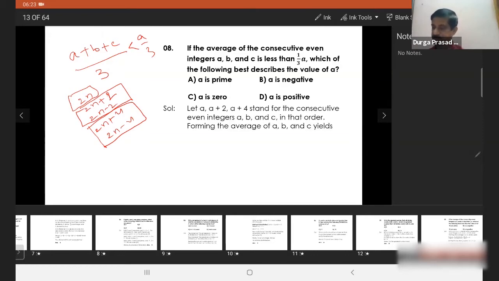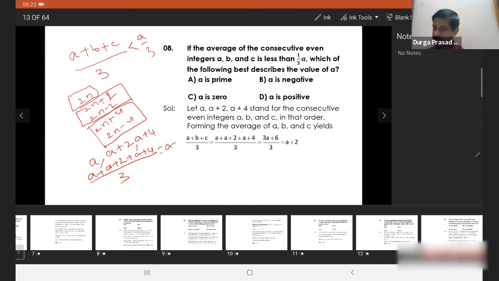If a is an even integer, the next consecutive even integer is a plus 2 and the next is a plus 4. Taking the average of all three, we get (a plus a plus 2 plus a plus 4) by 3, which is a plus 2.